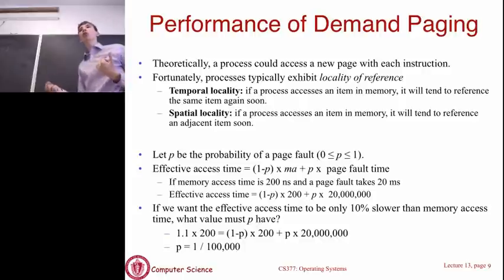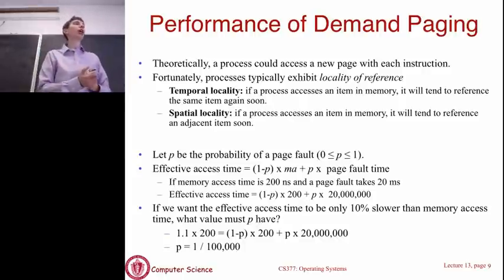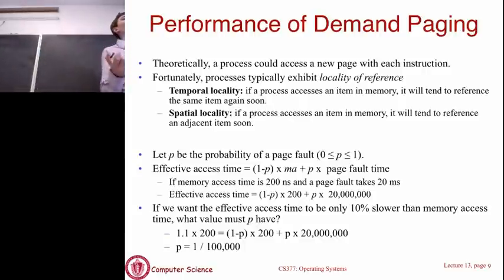That's the effective memory access time when we're doing demand paging. It's a simple expression with just one variable, so we can directly solve for the page fault rate. In this case, it's going to be 1 over 100,000.